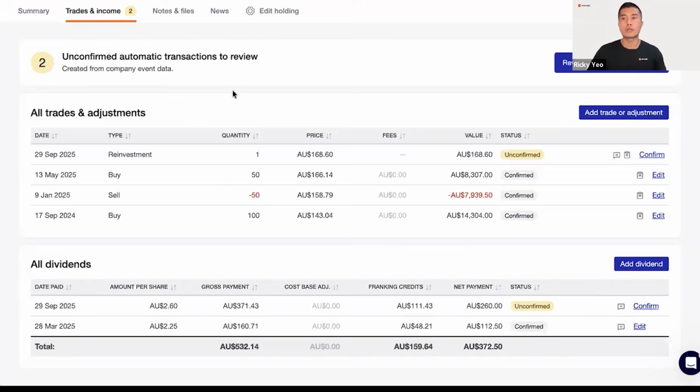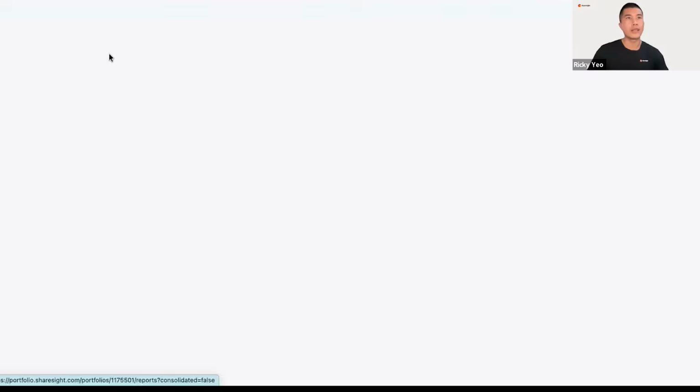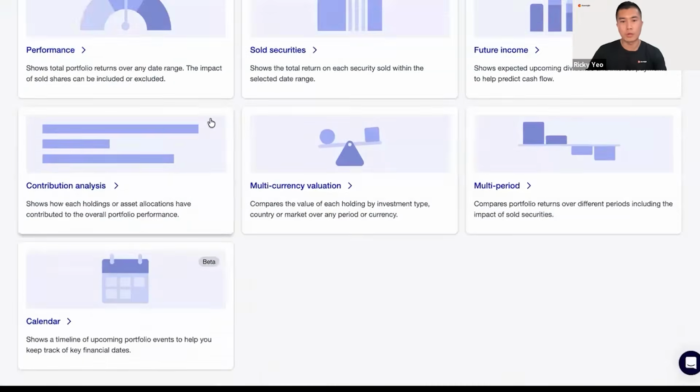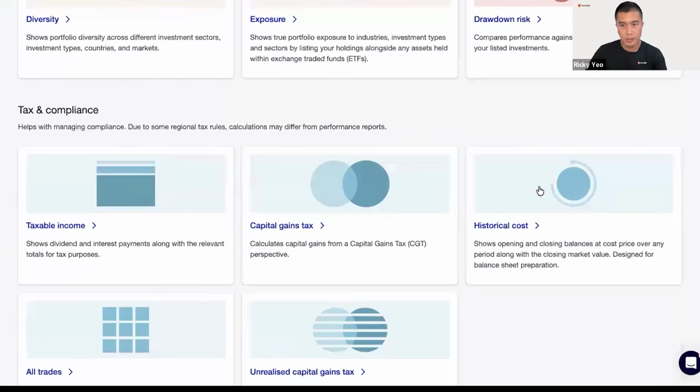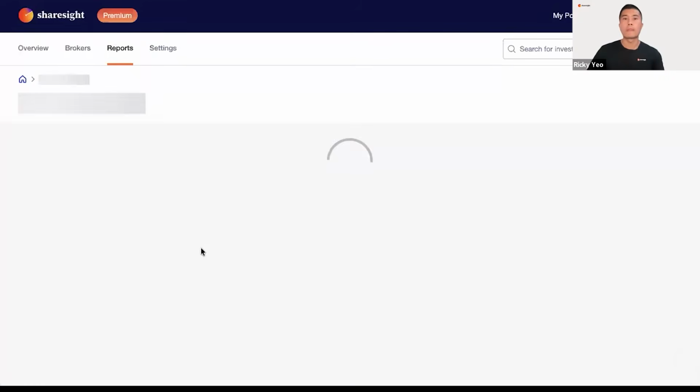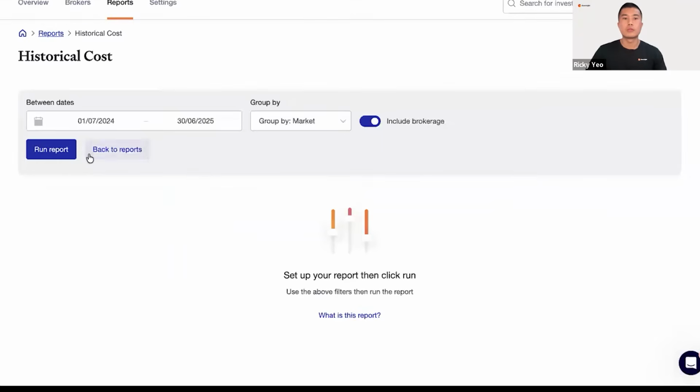Okay, so this is for the historical cost report. Can you get the closing balance for a specific date? Yes, you can. If you want to get your closing balance, for example, for the 30th of June 2025, you just need to put the end date as the 30th of June 2025.